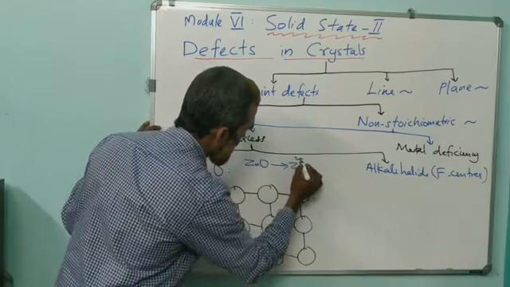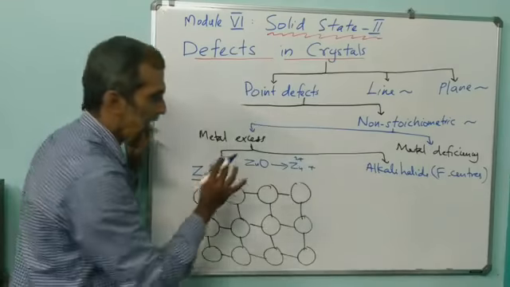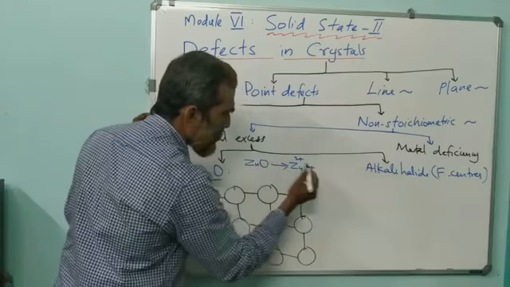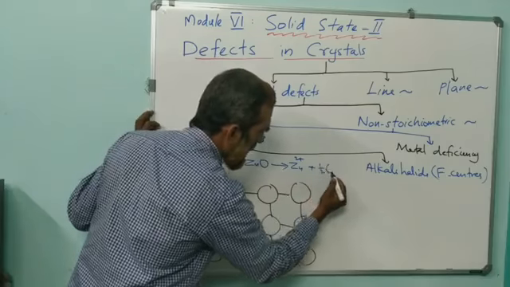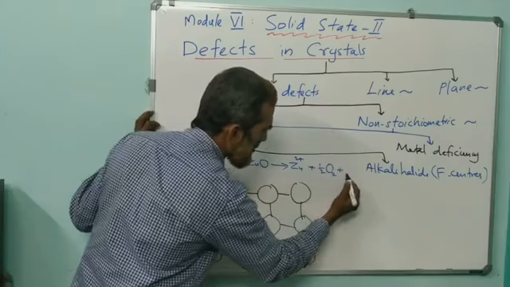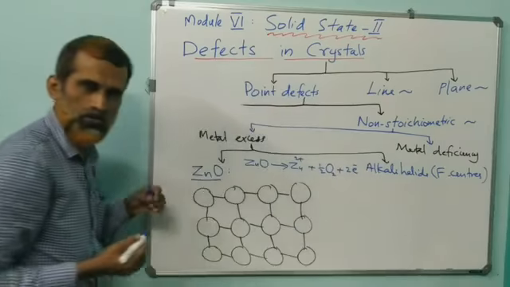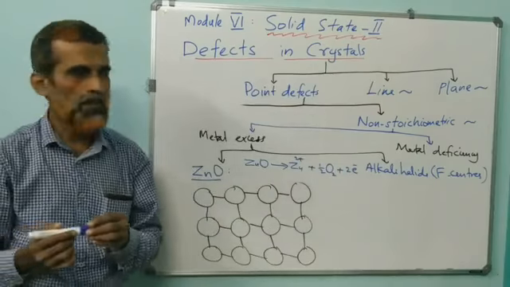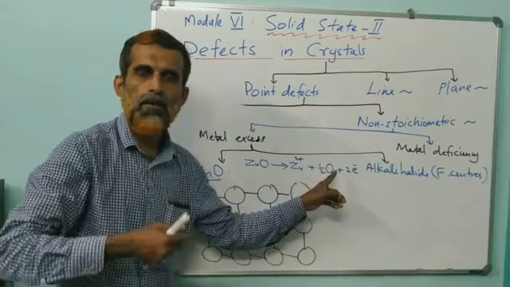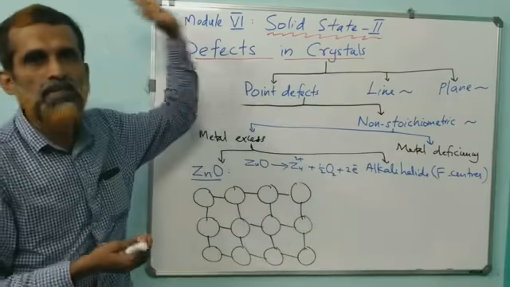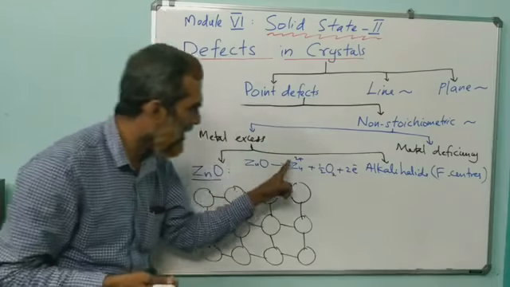Zn2+ is there. It will lose oxygen. So what happens? This O2- will get oxidized and form an oxygen atom or molecule, leaving out 2 electrons. So this is the dissociation. Oxygen becoming a gas will leave the lattice. It will go off. So what becomes excess?